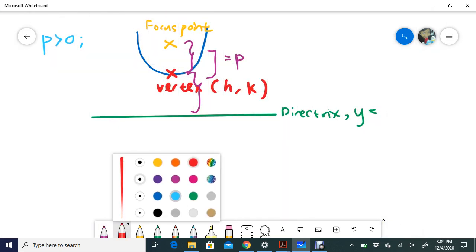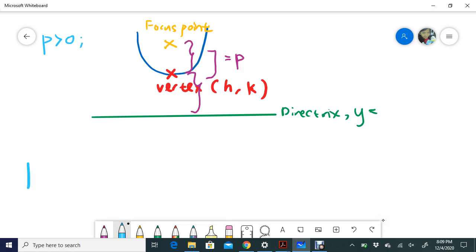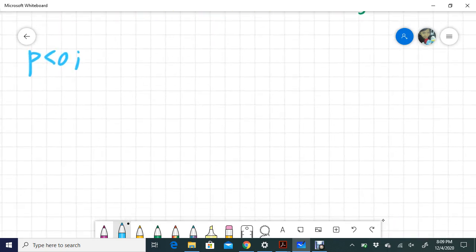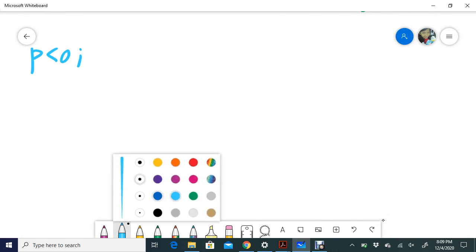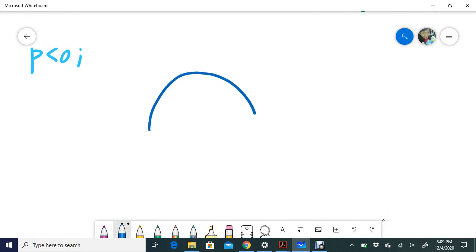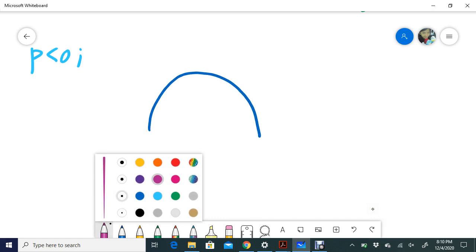Now let us go further. How about when your p is less than 0? If your p is less than 0, meaning to say that you will have a sad face. So where will your vertex be? Your vertex will be your maximum point.